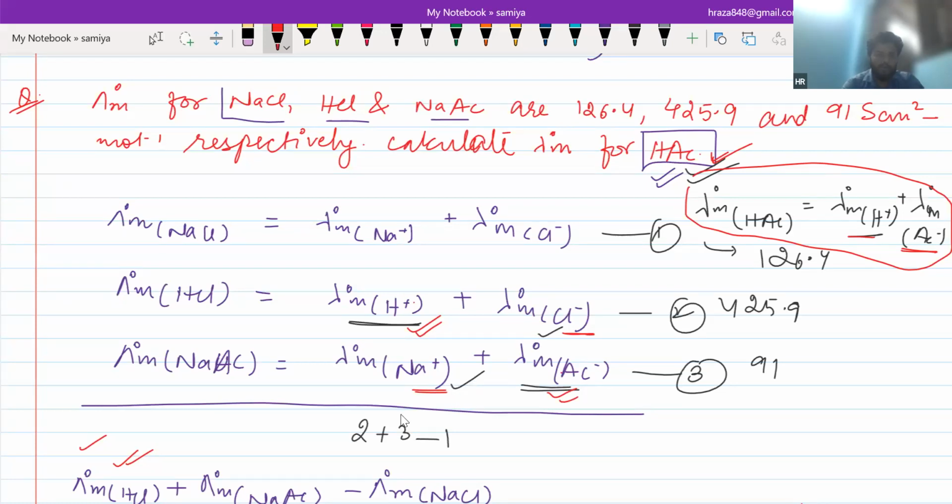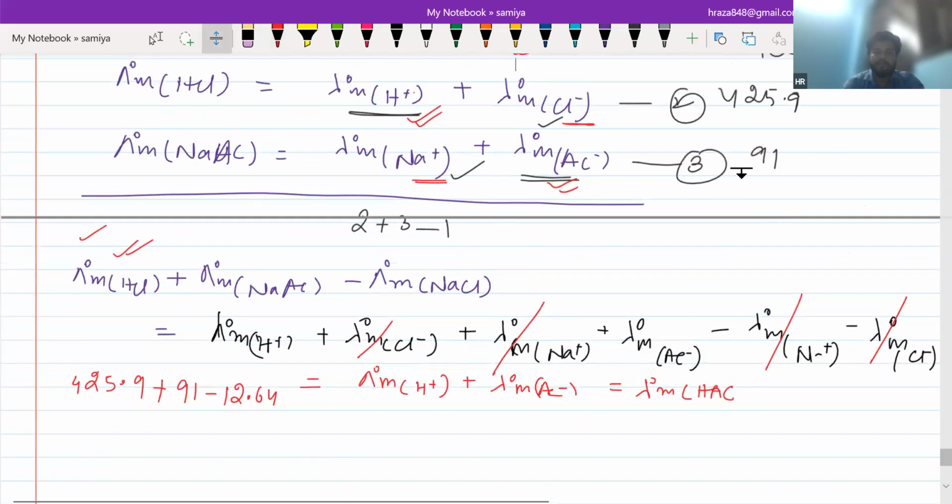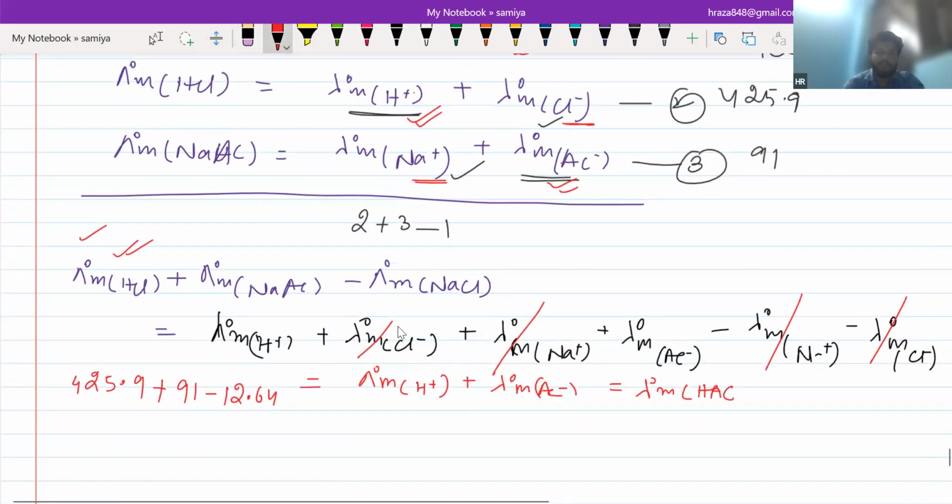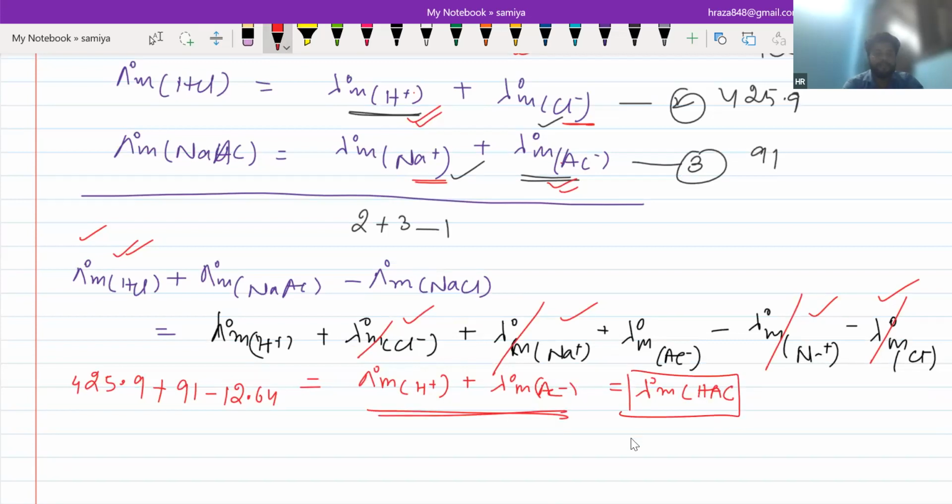To remove this Na plus and Cl minus, we just subtract the first equation. So when I added 2 plus 3 minus 1, the Cl minus and Na plus were cancelled with the first equation and we got only this, which has this value. Is this clear, Samia? Samia, yes or no? Okay, thank you.